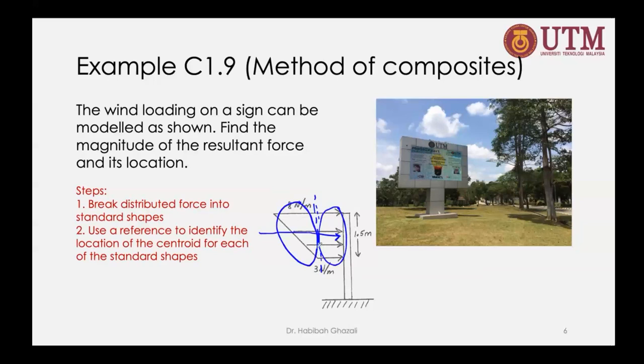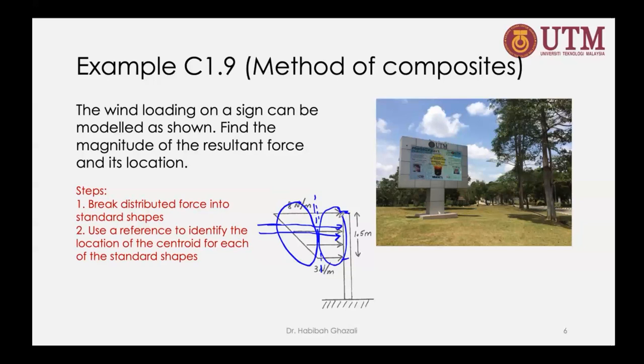And for this shape, the distributed load for the triangle will be at 2/3 of that, from this distance to this distance. And that's how you find it when you have a composite distributed load.